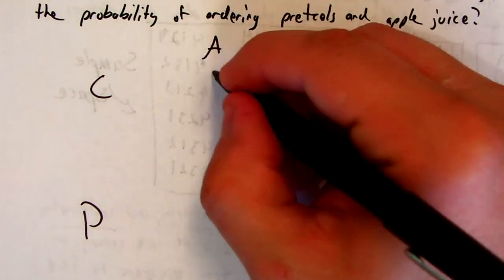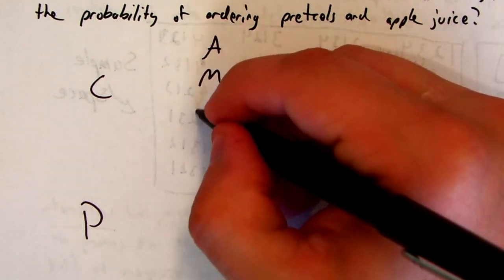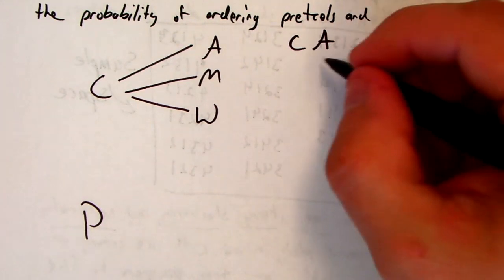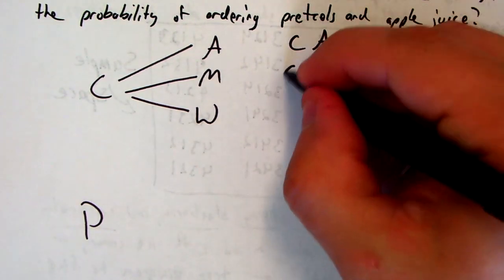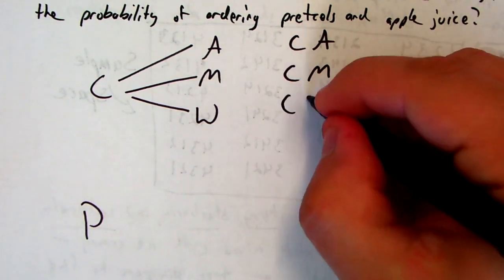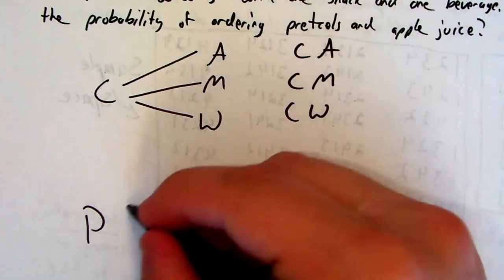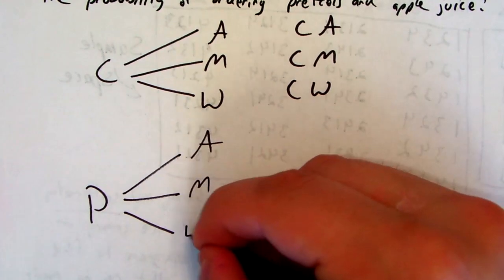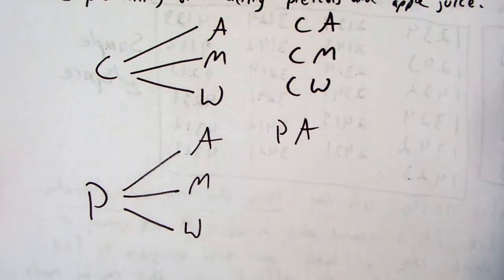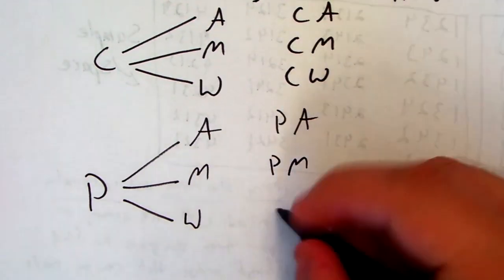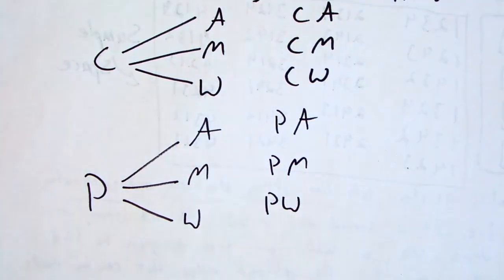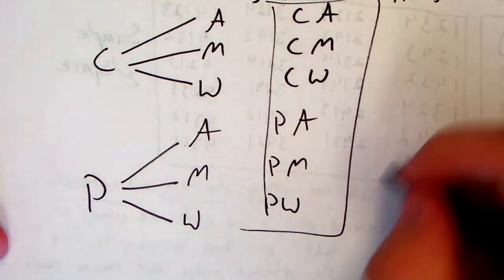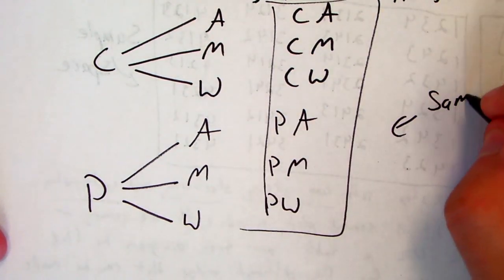We have apple juice, milk, and water. So we could have carrots and apple juice, carrots and milk, carrots and water. Same thing with pretzels. So I could choose pretzels and apple juice, pretzels and milk, pretzels and water. This right here is the sample space.